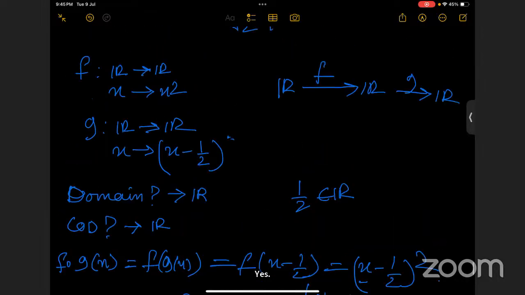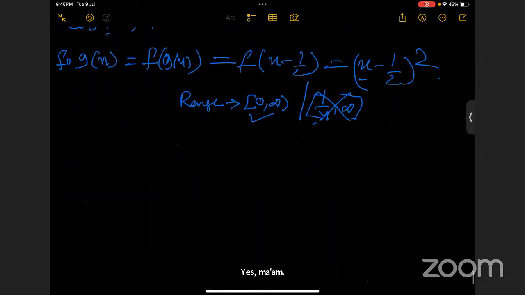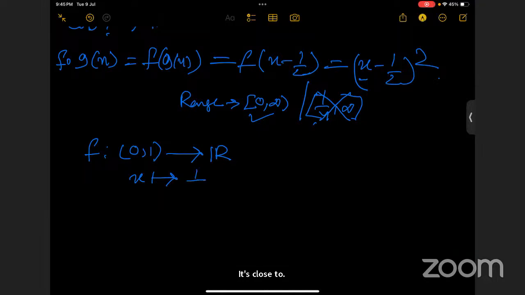Yes, ma'am. We can take some other example. Suppose f goes from 0, 1 to some real number, let us assume it's a real number. Ma'am, please take some example in which there is division by x or x square. Division by x square, okay.